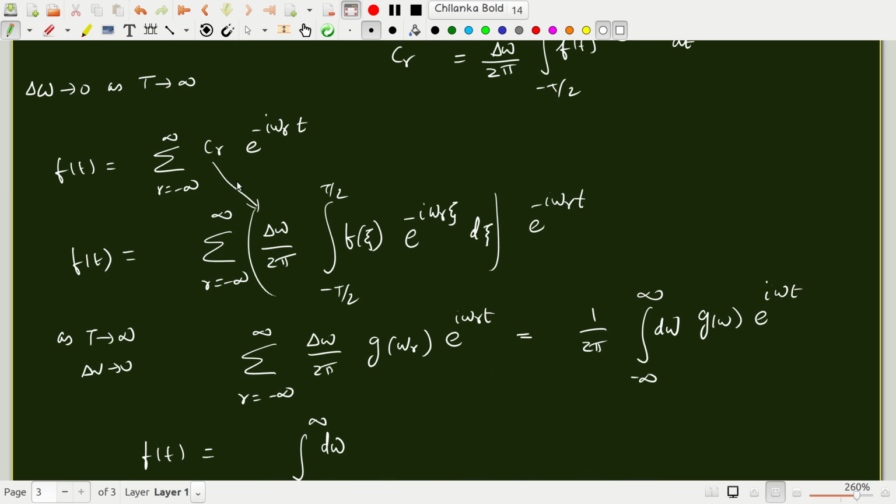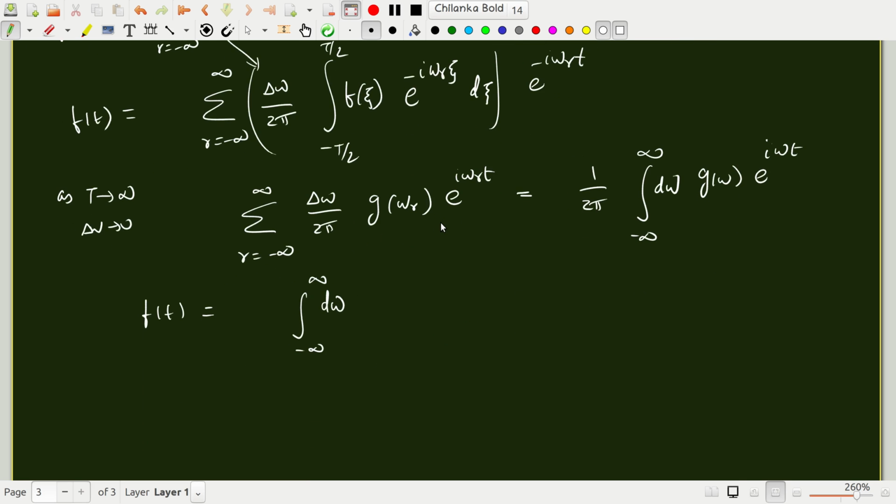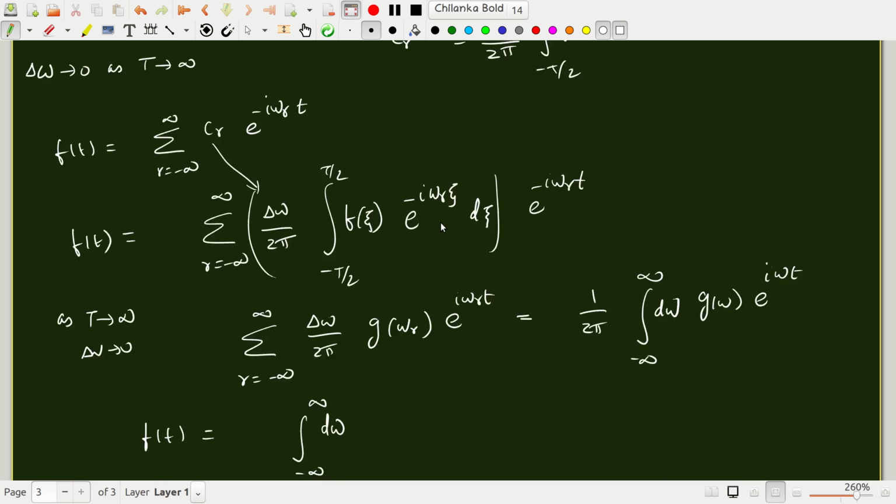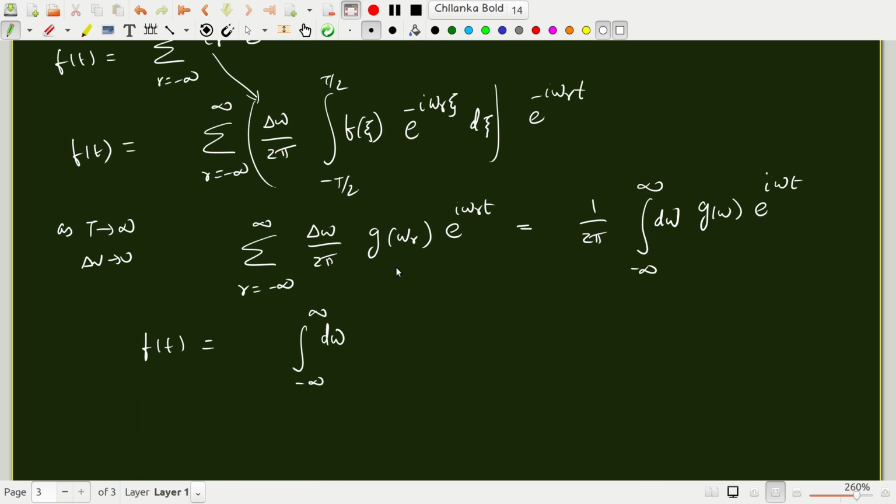So we have substituted what is c_r, right? And in general, this should be a function of omega, because we have integrated over zeta, so this will be a function of omega. So instead of that, you have this whole thing here: the integral from minus infinity to infinity, again t goes to infinity, of f of zeta e to the minus i omega zeta d zeta.